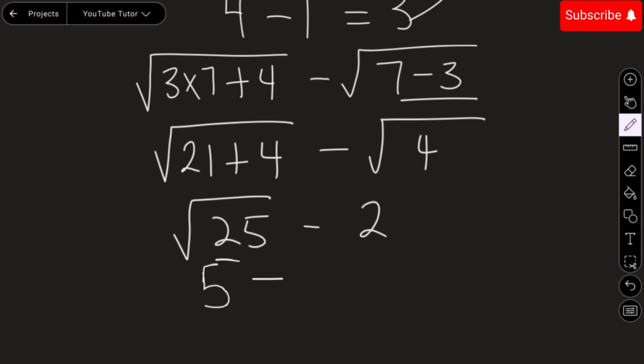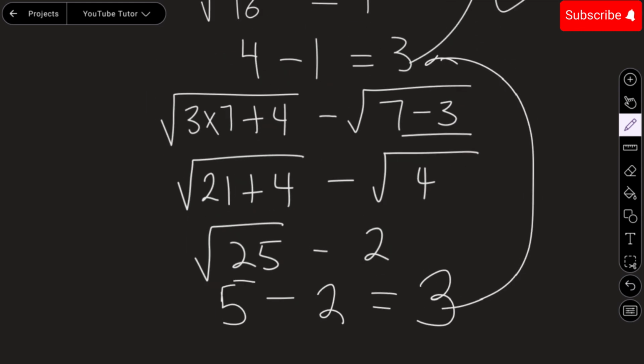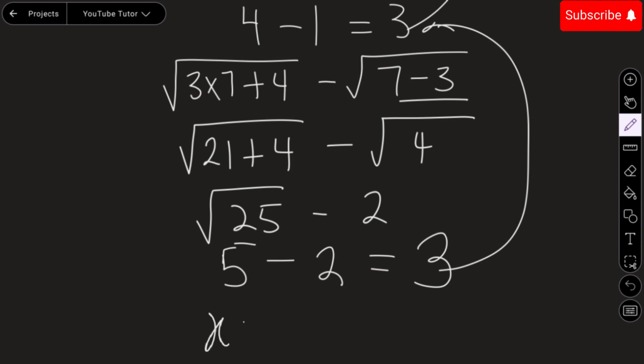So 5 minus 2 is definitely 3, which also counts to this, which means x being equal to 7 and x being equal to 4 are the roots of this quadratic equation.